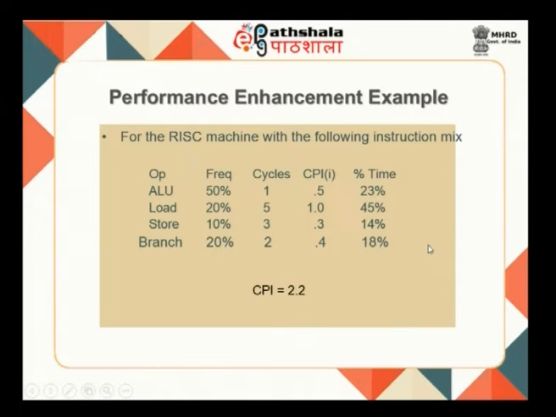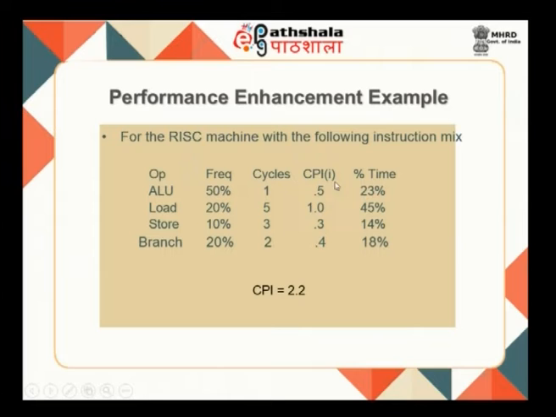So, this is an example showing the performance enhancement for a RISC machine with the following instruction mix, with 4 different classes of instructions, with 4 different frequencies and clock cycles given. You can find the respective CPI contributions by multiplying the corresponding values, 0.5 into 1, and so forth, and the last column gives you the percentage of execution time with respect to each class of instructions.